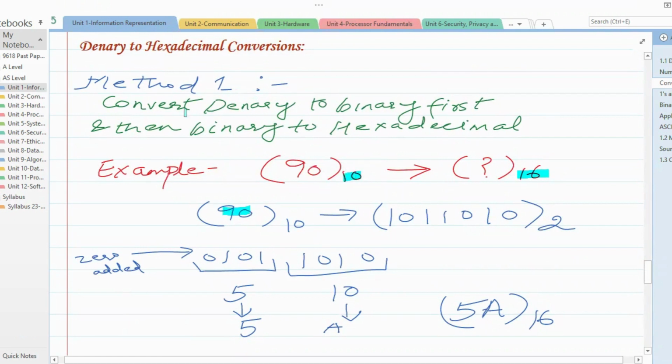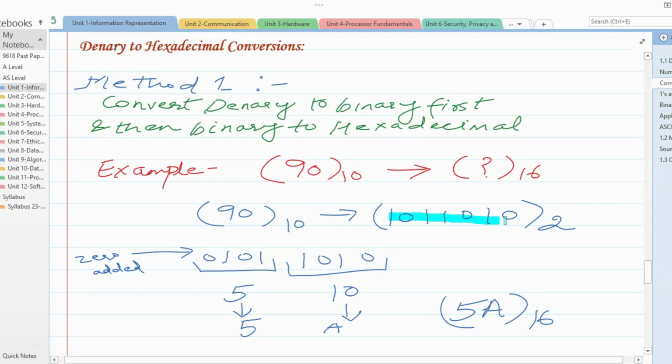So as per the first method, firstly, 90 we will convert into binary. Here, the equivalent binary of 90 is this. You can use the previous video where we learned how to convert denary to binary.